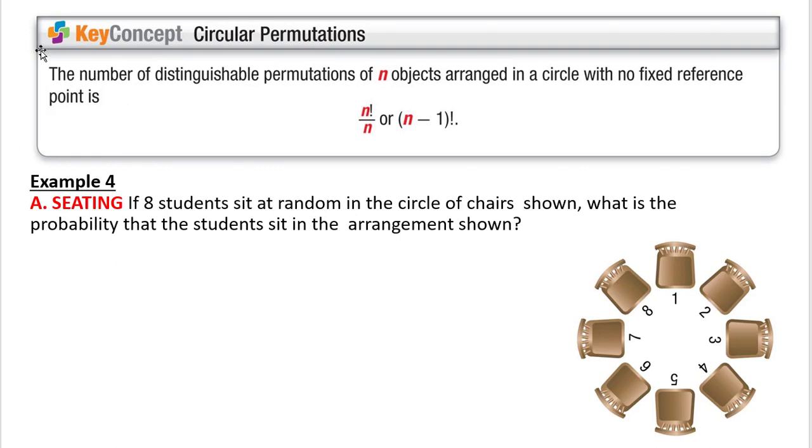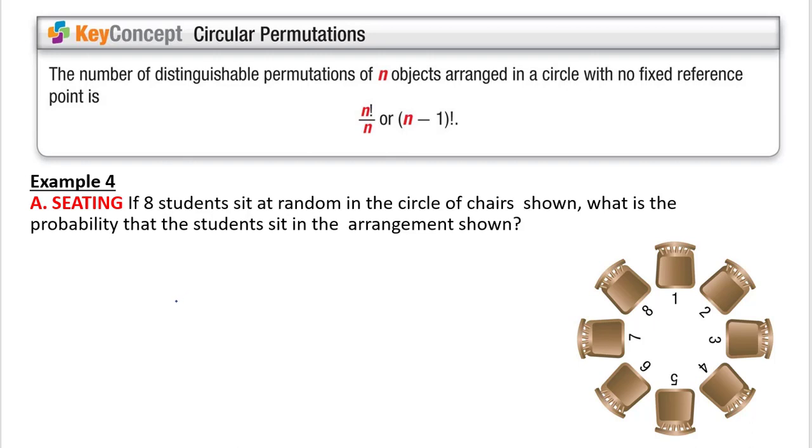Okay, moving along. Circular permutations. So if you have n number of things in a circle with no fixed point, so there's no, like, the chairman has to sit in seat 1. That would be a fixed point. Or I have to sit in seat 7. There's no fixed point. How many different ways can I arrange things in this? You can look at that as n factorial divided by n, or n minus 1 factorial.